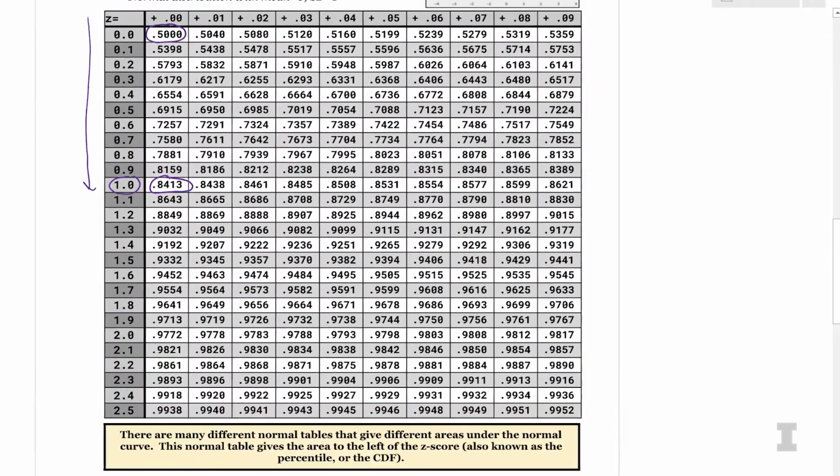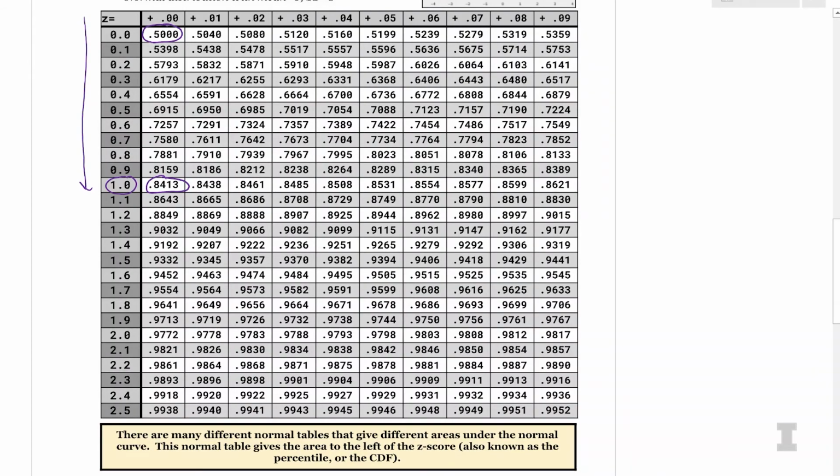If we look back at our table, I don't see any negative numbers. But we know the normal curve is symmetric, so the area to the left of -1 is going to be 1 minus everything that's to the left of +1.